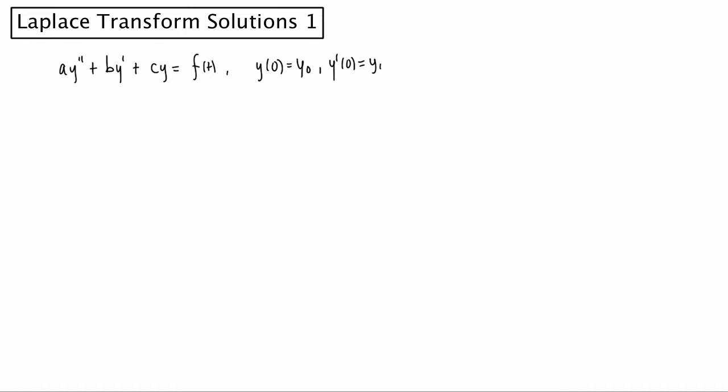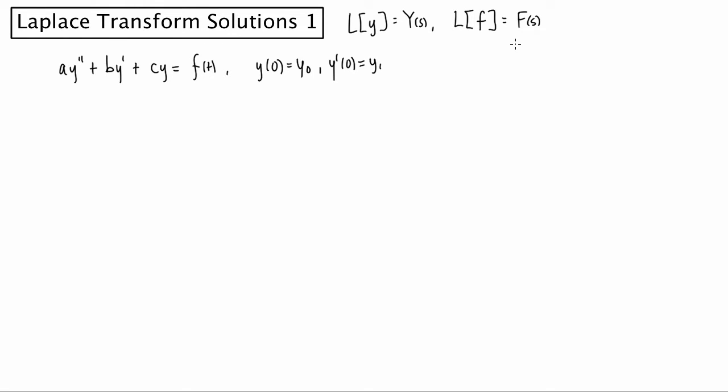Otherwise, I can't find the Laplace transform of the derivatives y prime and y double prime. I also want to use the convention that when I take the Laplace transform of y, that gives me capital Y of s. And when I take the Laplace transform of f, I get capital F of s.